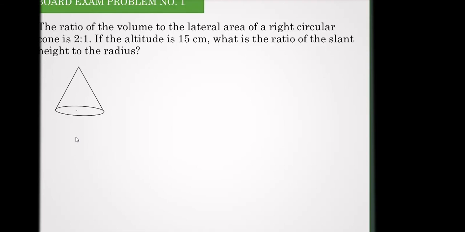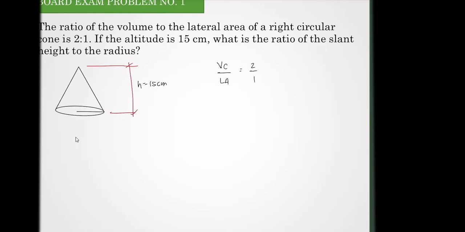We have a given altitude. The altitude h is given as 15 cm. And then, the ratio of the volume of the cone over the lateral area is equal to 2 is to 1.